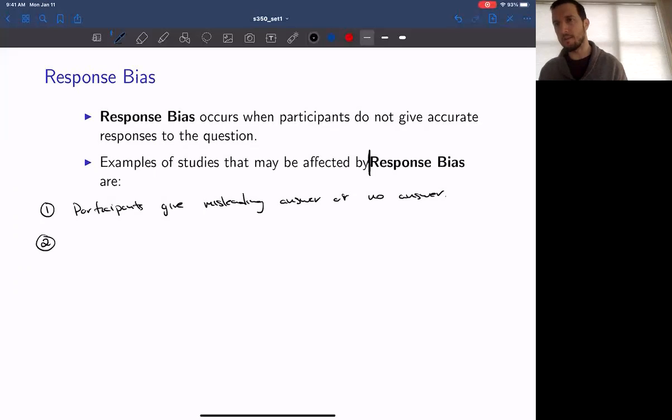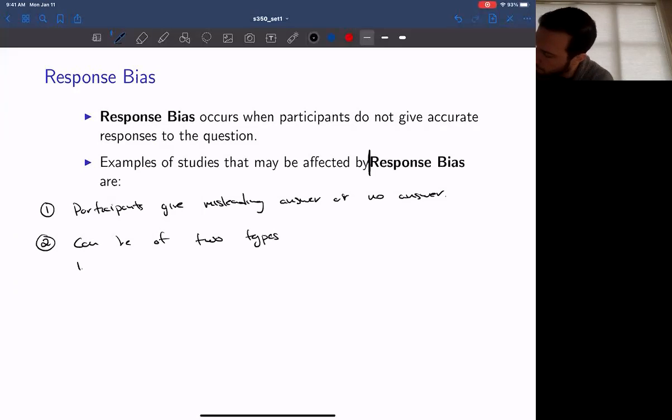Again, very similar to the idea of measurement error. Now, one of the interesting discussions that we can have about response bias is it can actually be split into two types. We can have what is called prestige bias, or we can have what is called recall bias.